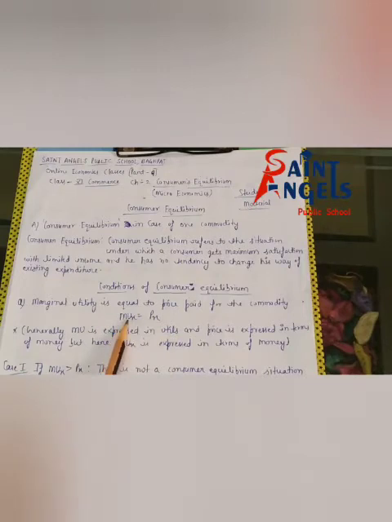So I hope all of you have understood why I am taking marginal utility in terms of money, because both are equal and both should be in money form. I hope it is clear.